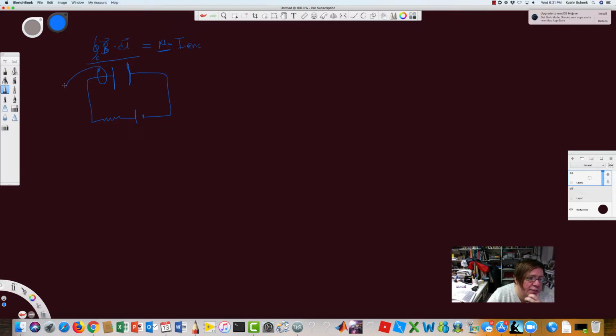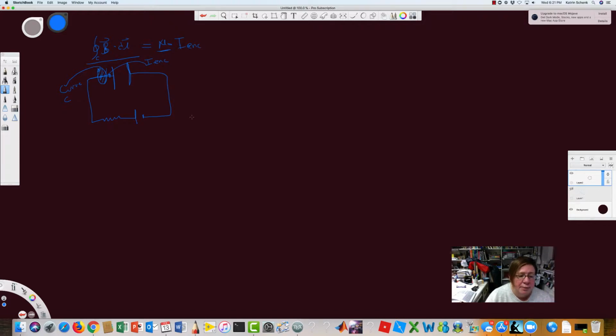This is curve C. The current that flows through the wire flows right through, and this would be I enclosed. No big deal, right? The surface that it pierces is the surface bounded by this loop. Everything's consistent, and this would work fantastic.